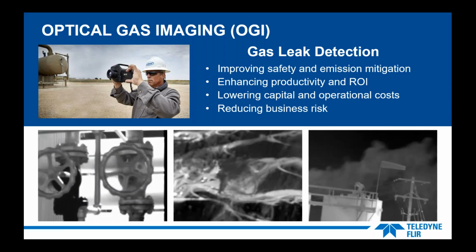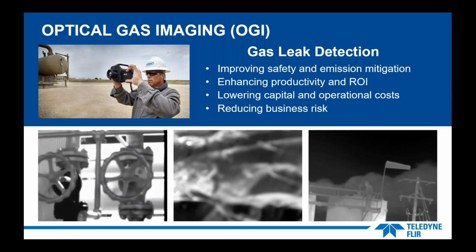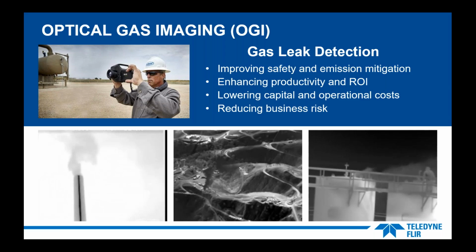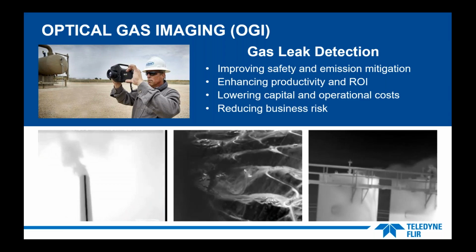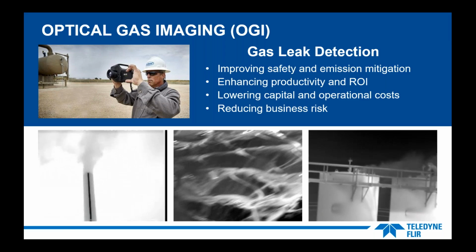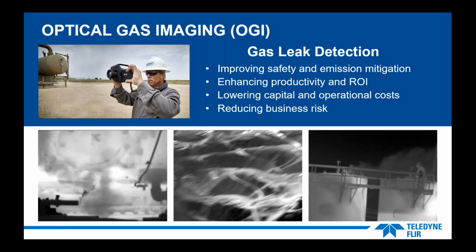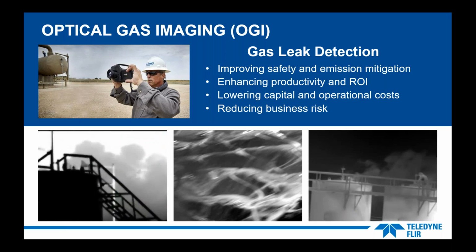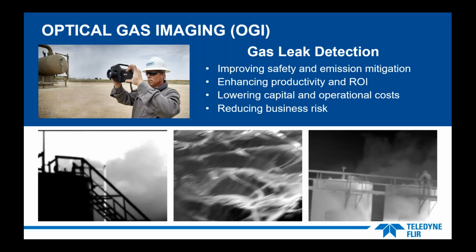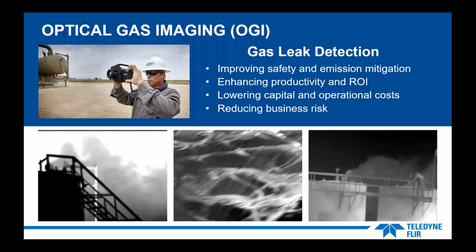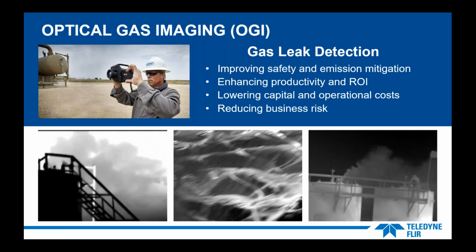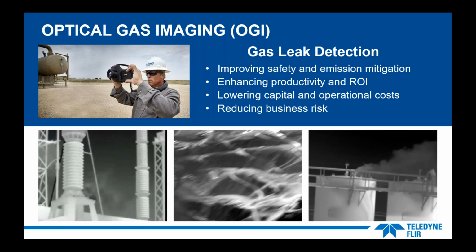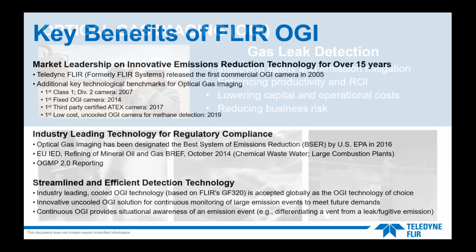It's also used in other industries, such as electrical utilities for sulfur hexafluoride, carbon monoxide, etc. Fundamentally, the technology has been of great benefit for yourselves as users and customers for improving safety and emissions mitigation, enhancing productivity and return on investment, helping you to lower capital and operational costs, and of course reducing business risk as well. So it's been a very substantial technology that's been deployed over a good number of years.